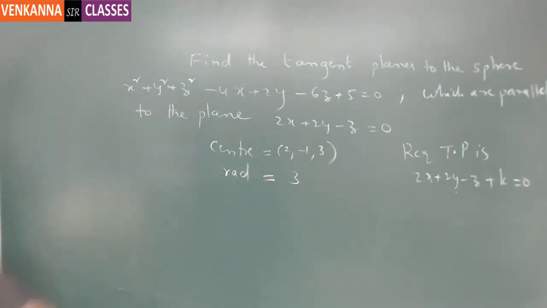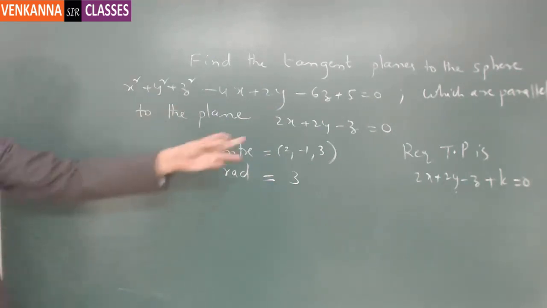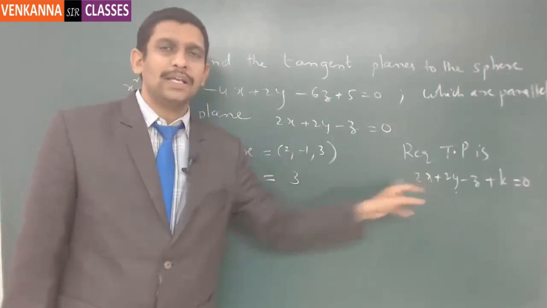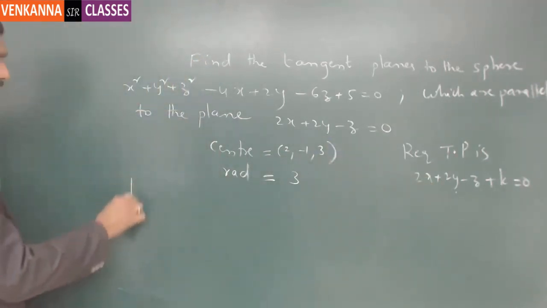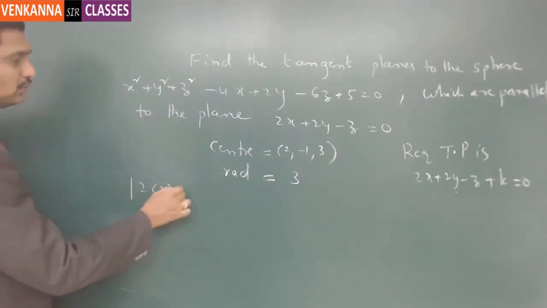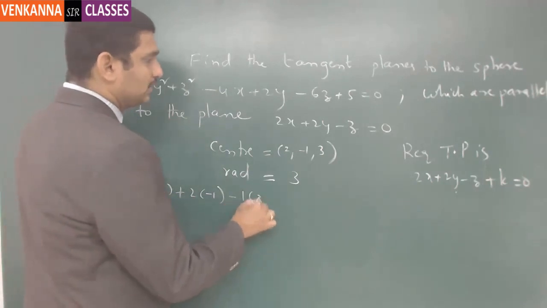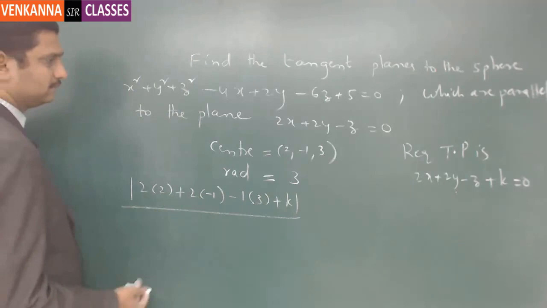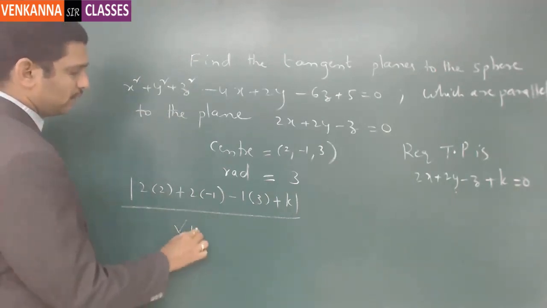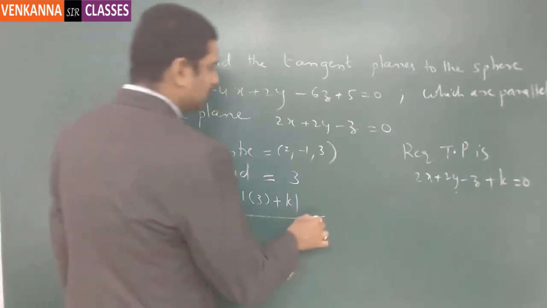Since it is given that it is a tangent plane, the distance from center of the sphere to this plane is nothing but radius. So applying the distance here, modulus of 2 into 2 plus 2 into minus 1 minus 1 into 3 plus k, whole divided by square root of 4 plus 4 plus 1, is equal to 3.